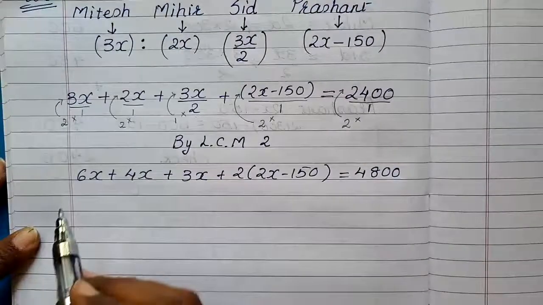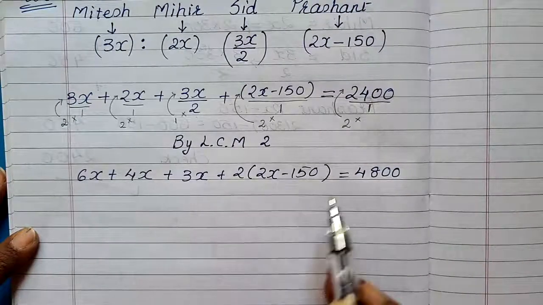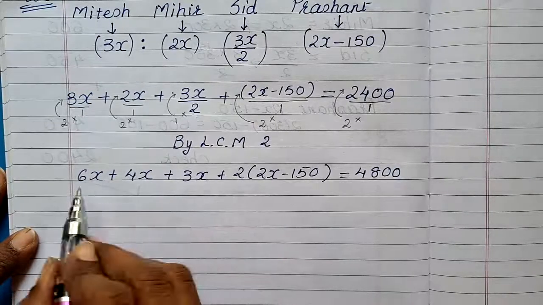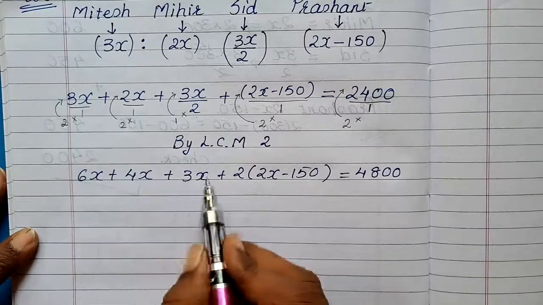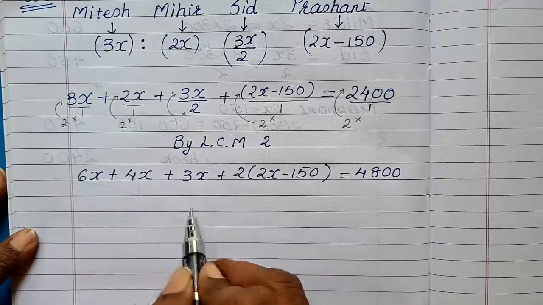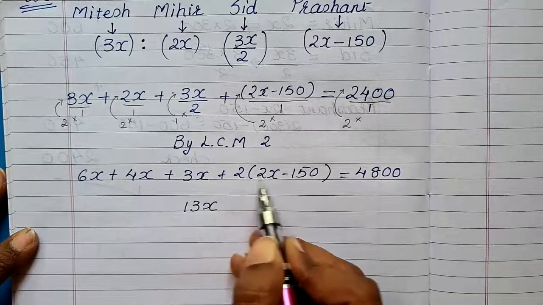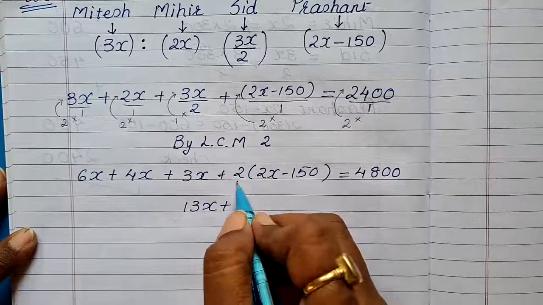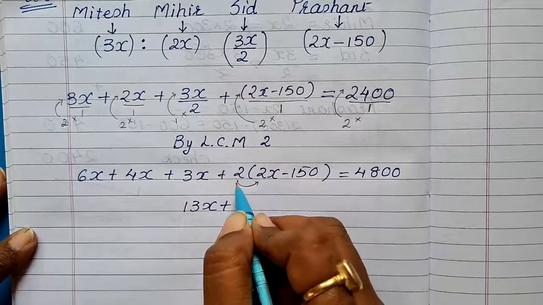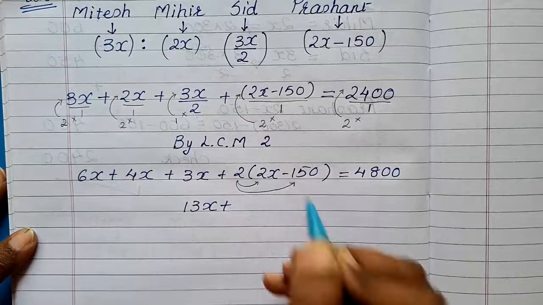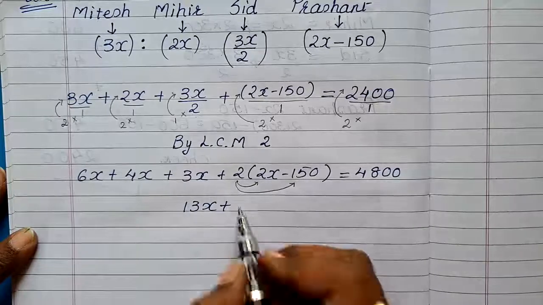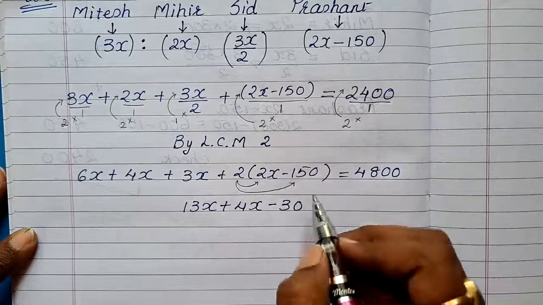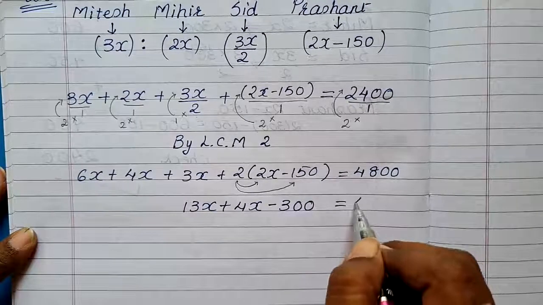Now, if I add this, if I solve this, I will get 17x. So the total of this is 13x. And if I solve this, I multiply 2 by this 2x also, and 2 by 150 also, right? So 2 2s are 4x minus 2 150s are 300. So this is 300 and this is 4800.